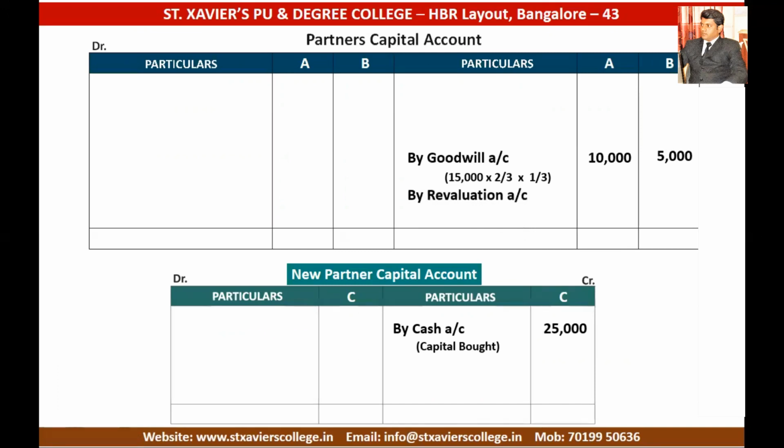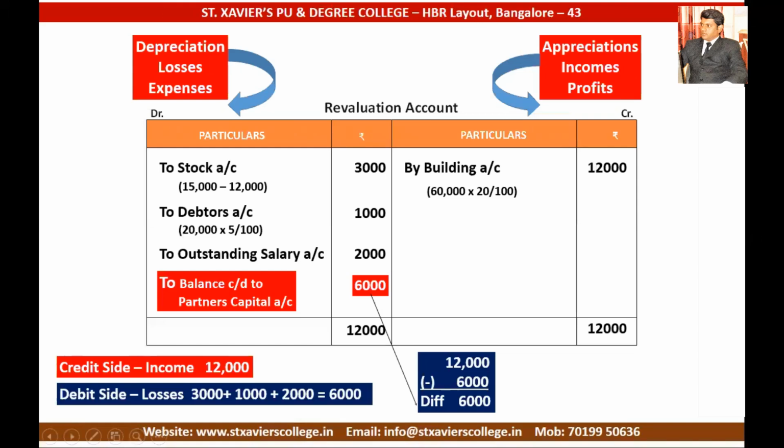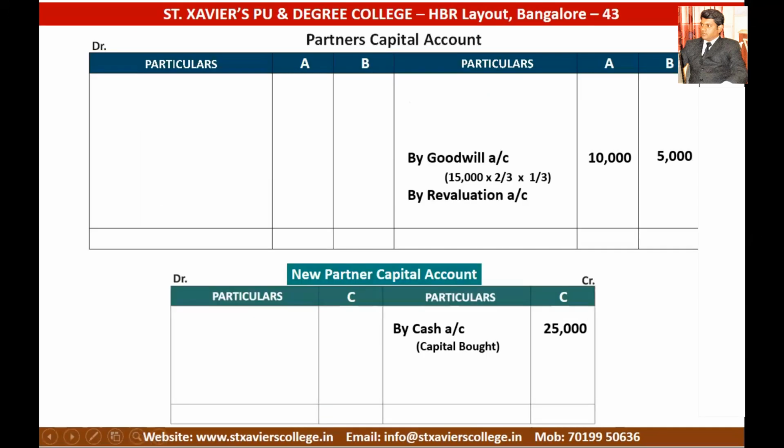You can see 6,000 at the debit side. It should be transferred to the partners capital account, at the credit side, opposite side. So the amount is 6,000. Again, it should be shared in the ratio 2 by 3 and 1 by 3. We get the value as 4,000 and 2,000.